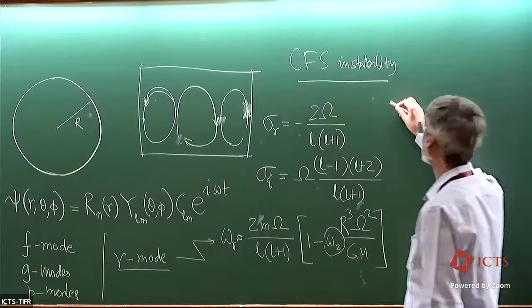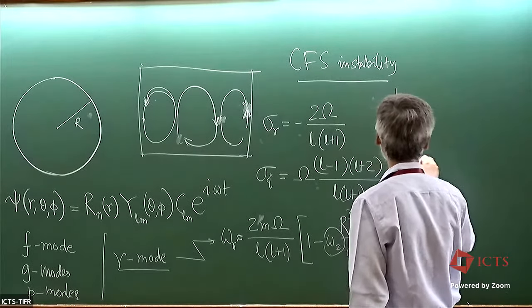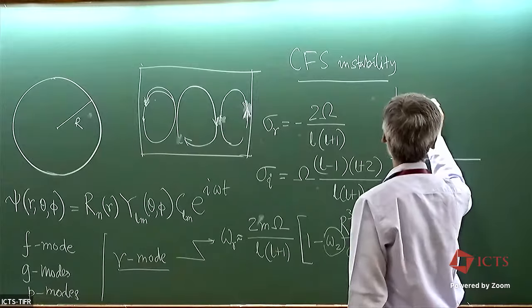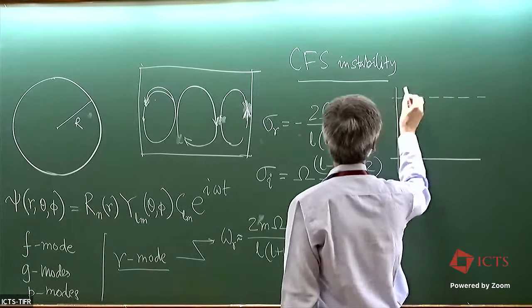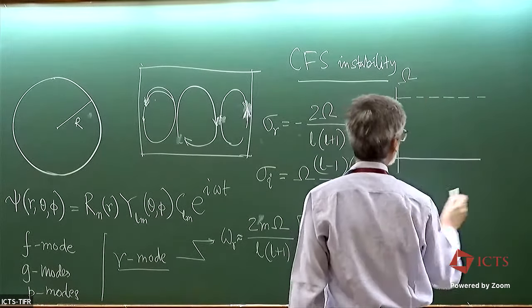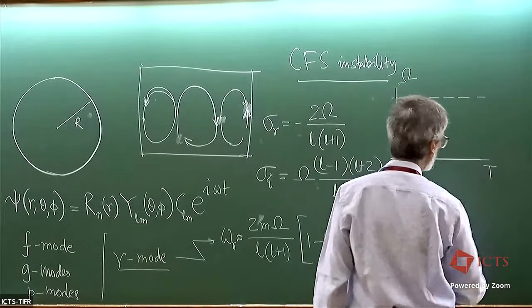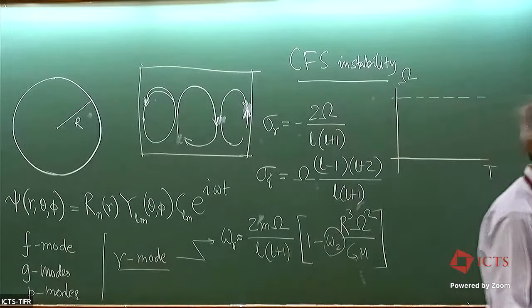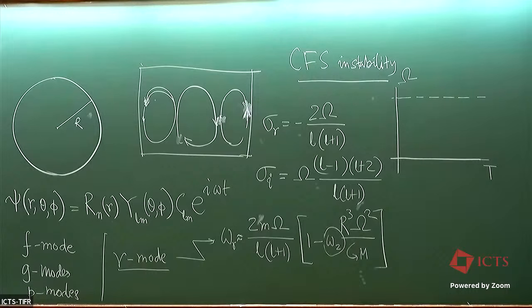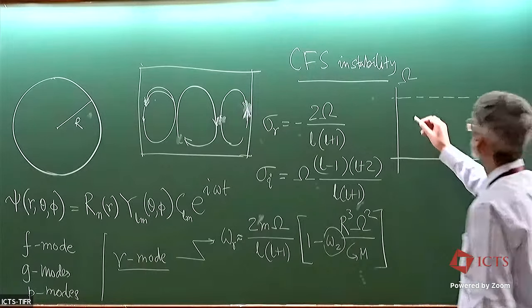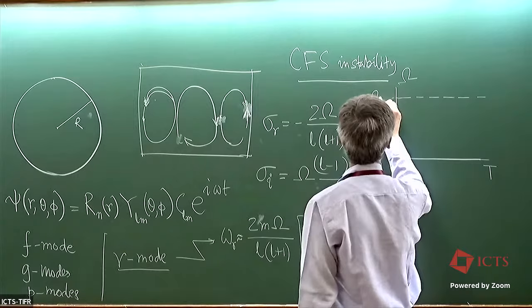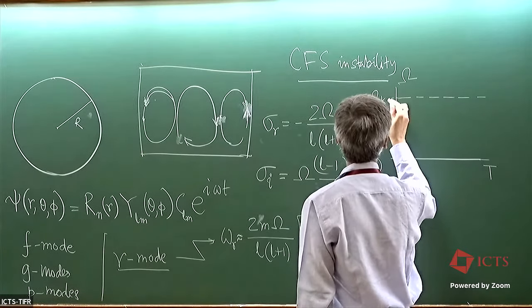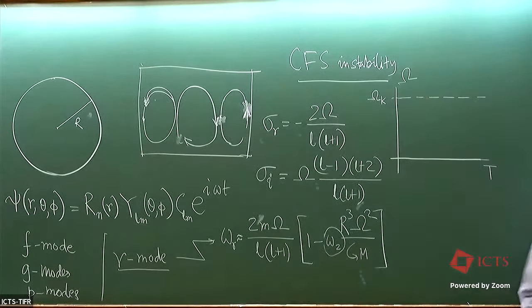But typically you would find that if we plot omega over here, and temperature, because viscosities in the interior depend on temperature, and this is the maximum, omega_K is the maximum speed at which the neutron star can rotate. After that, it will start shedding mass from its equator.